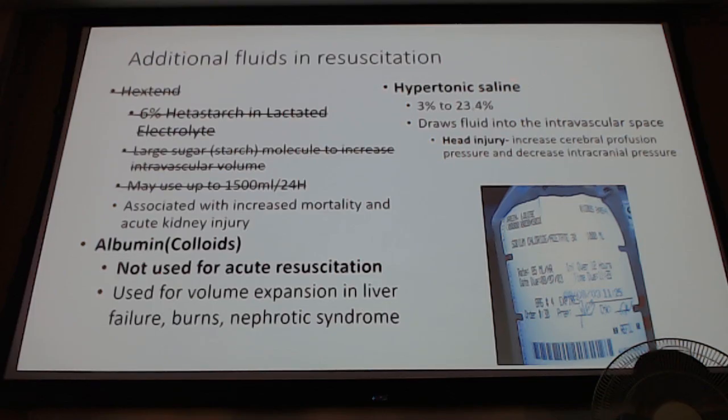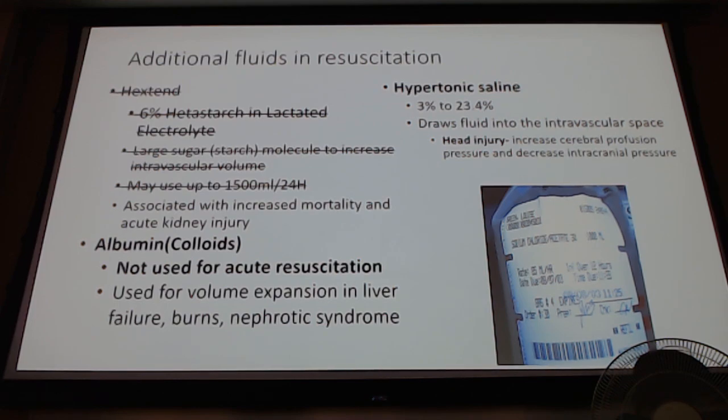Okay? And then hypertonic saline, we'll talk more about this when we get to head injuries and trauma. There's only a couple reasons why we give hypertonic saline. These are 3% sodium. Okay, so if you think 0.9% sodium has 154 millimoles of sodium, 3% is a lot.